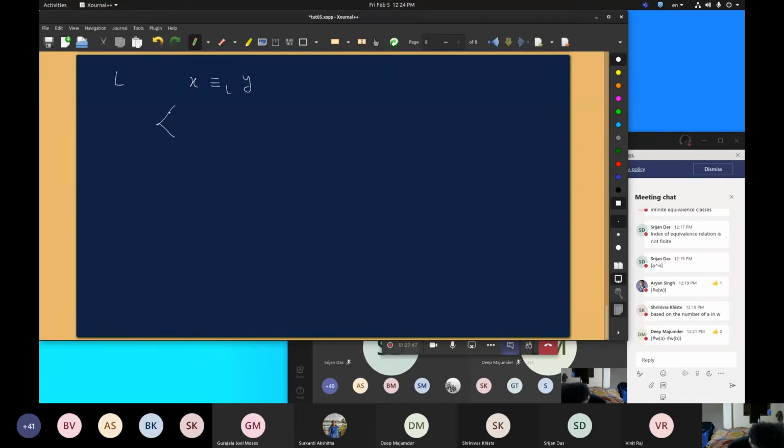X is equivalent to Y if and only if for all Z belonging to sigma star, XZ is in L if and only if YZ is in L. So this is not Myhill or whatever, it doesn't matter, Mn or Mn prime. This is how this is defined.